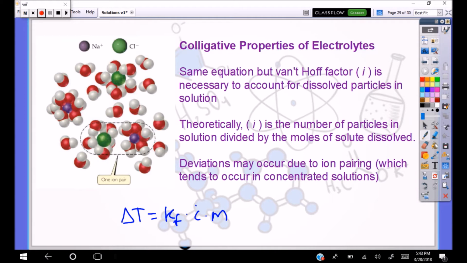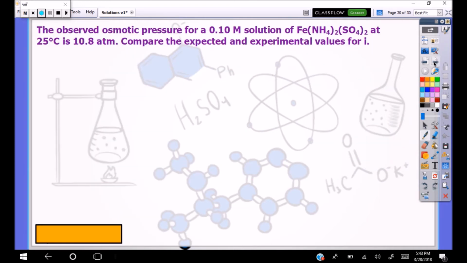So the more concentrated a solution, the more likely there's ion pairing, and therefore we'll get deviations from our typical trend of freezing point depression or boiling point elevation or osmotic pressure and even vapor pressure lowering.